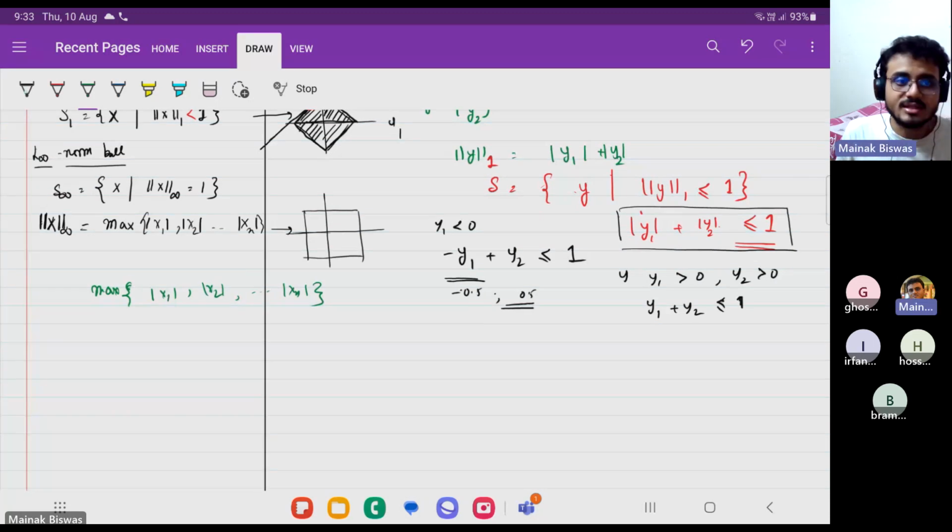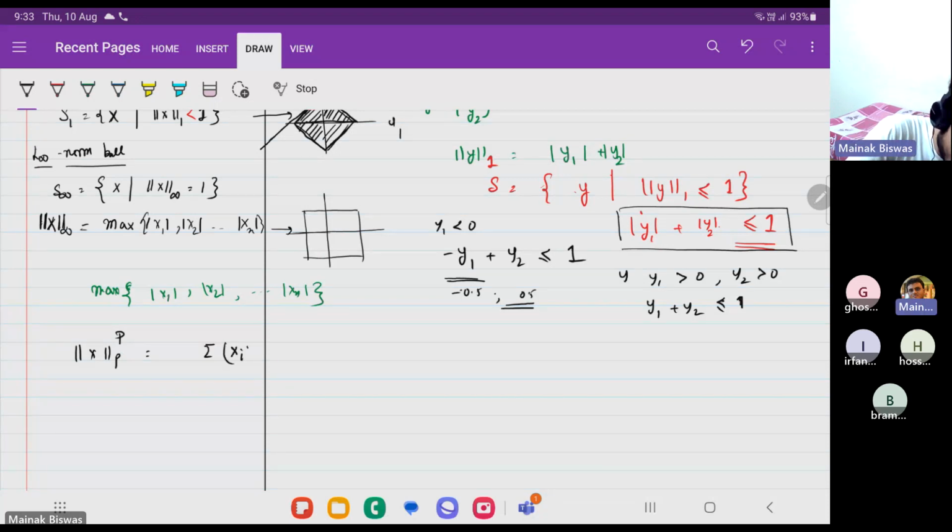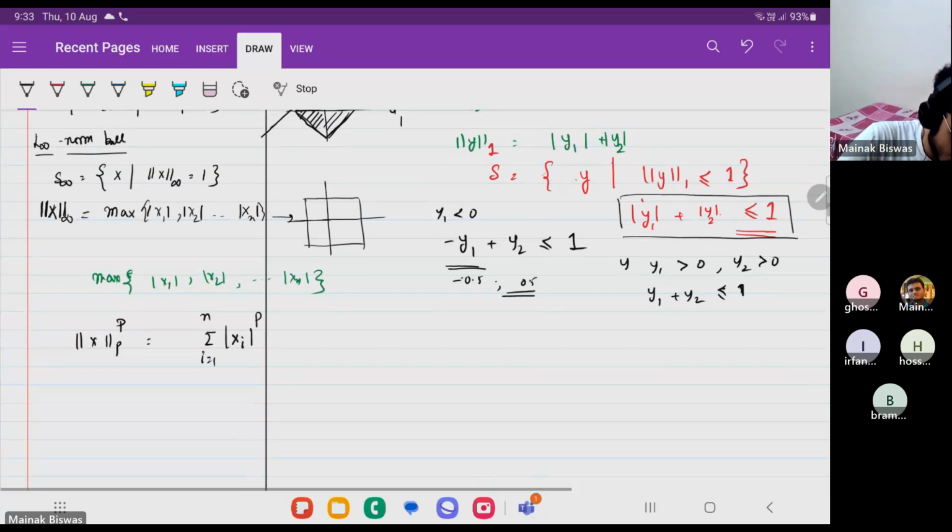Your L infinity norm is this because let us write the definition of a norm. What is your P norm to the power P? Summation of mod xi to the power P, yes or no? i equal to 1 to n. Just now you all told me this.